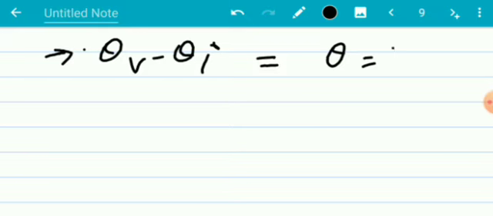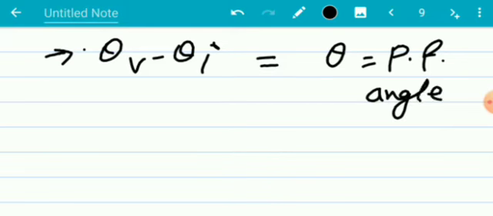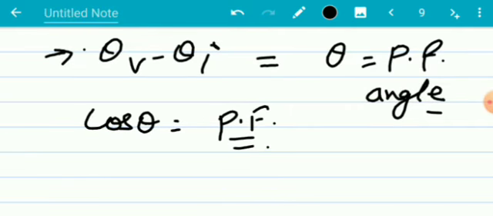This is our power factor angle, and cos theta can be calculated, which will be the power factor. So these are the four pieces of information it gives us, or we can say it holds.